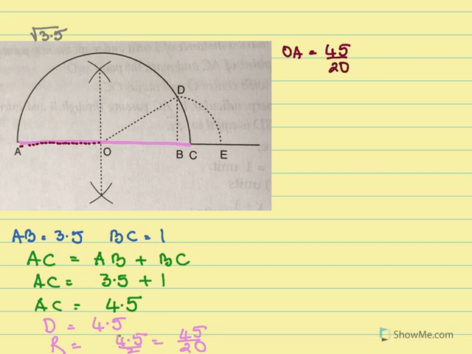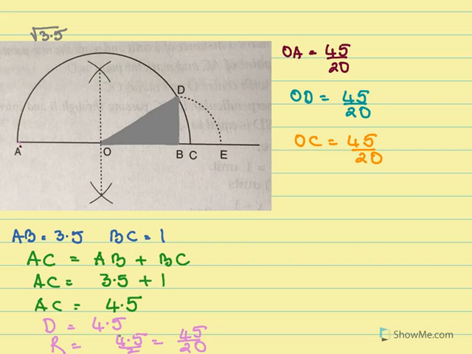Then we have another radius, and that is OD. So I'll write that OD is also 45 by 20. And there's a third radius that we're going to use, and that is OC. OC is also radius, so OC is also 45 by 20.